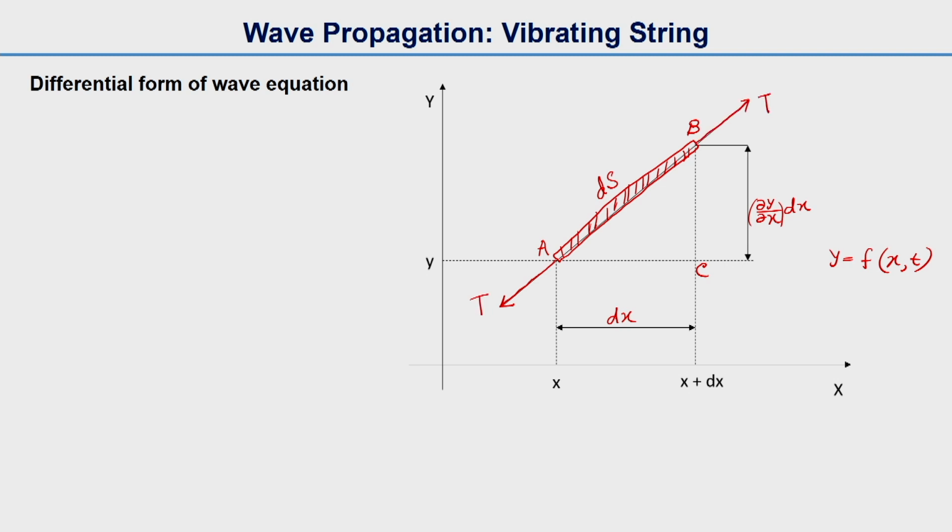There are two assumptions here: the string is thin, and also the tension from point A to point B will not be very different, that is, the tension is constant.